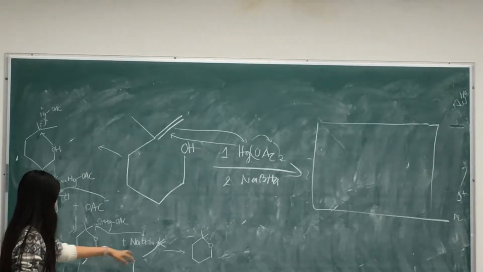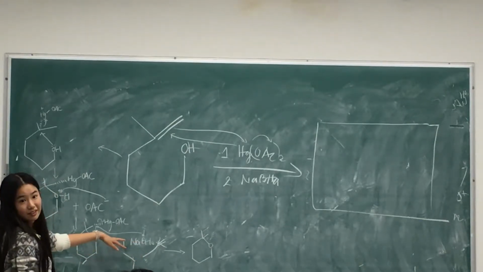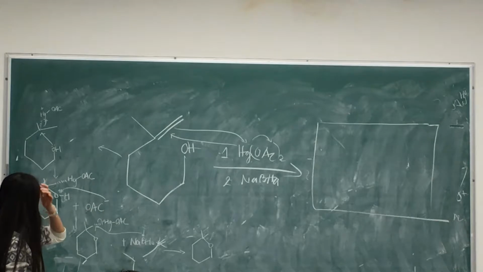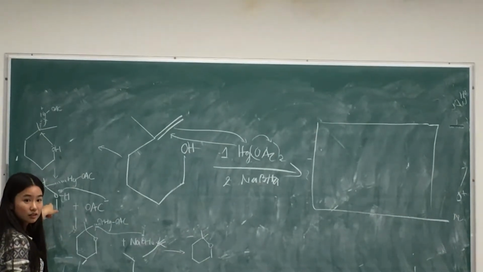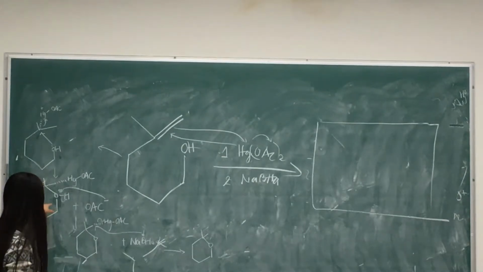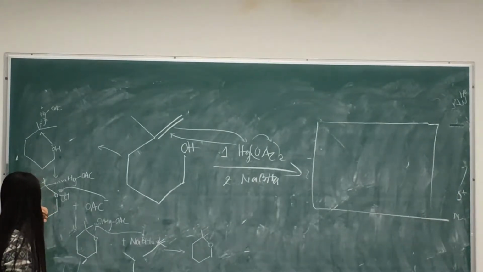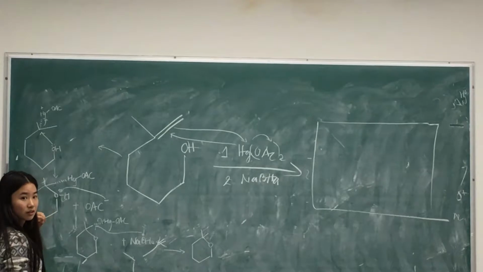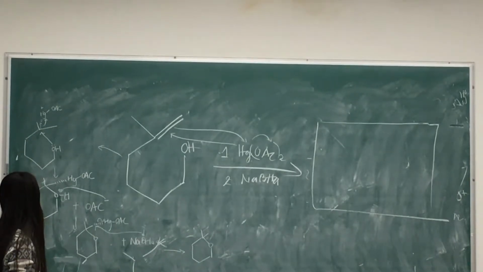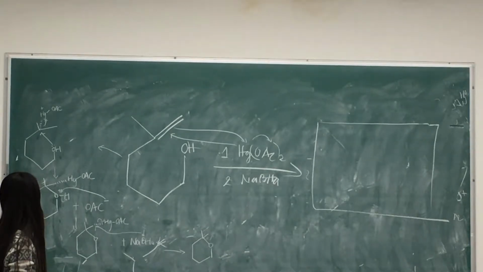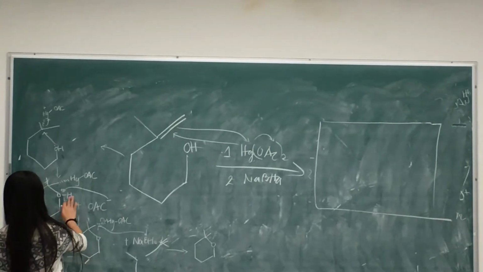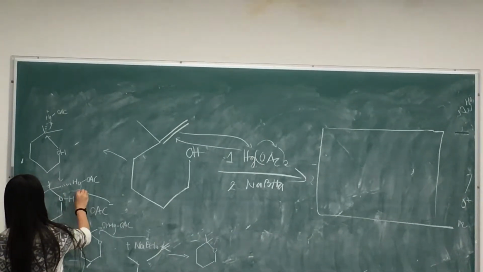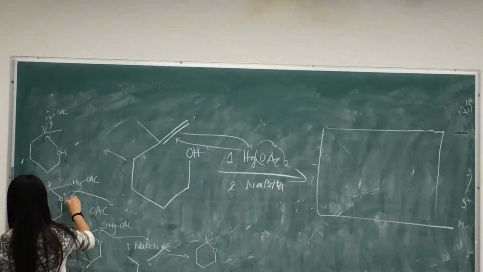Then there is wrong. The pair of electrons should go to neutralize. So it goes to hydrogen. And the bond between O and H is broken, and that pair of electrons goes to oxygen. So 9 over 10. So it's minus.